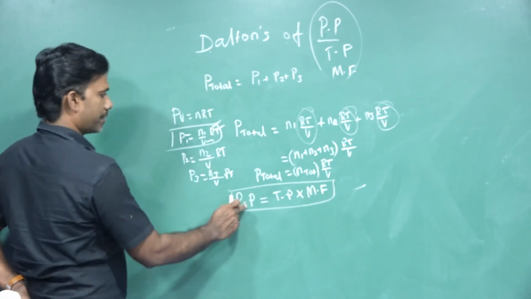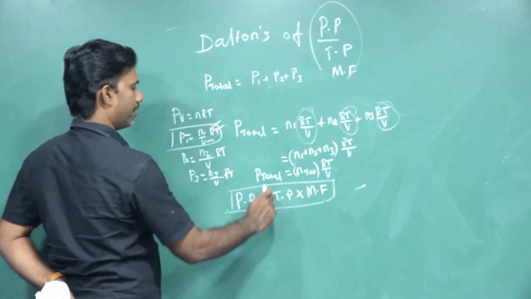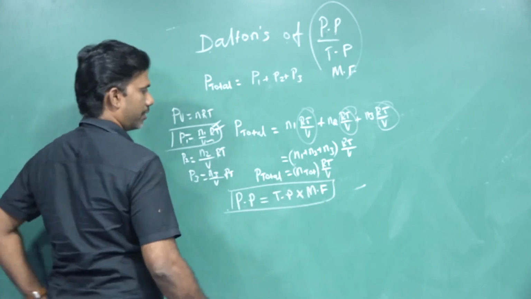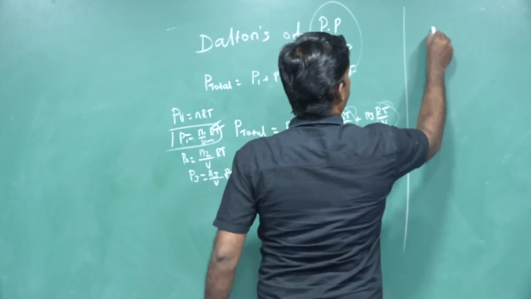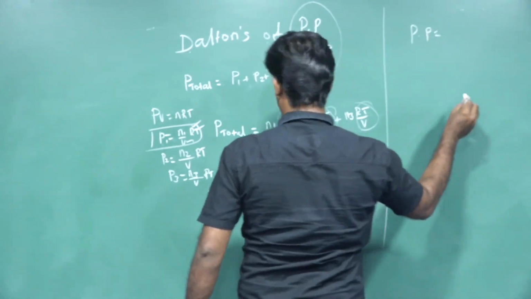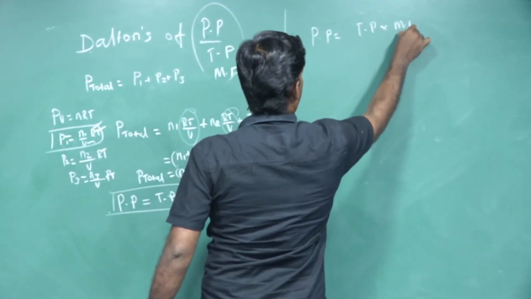If you want the partial pressure of this one, you can get it from the total pressure into mole fraction. How does the formula come? Partial pressure P equals total pressure into mole fraction.